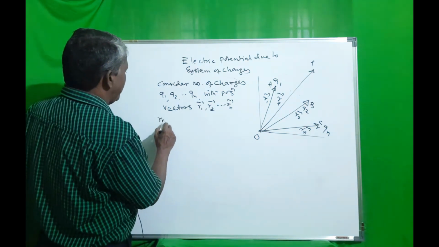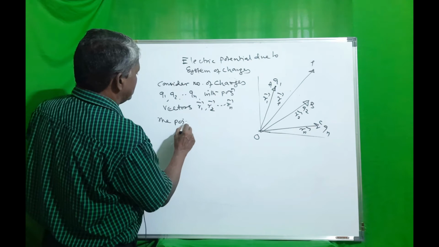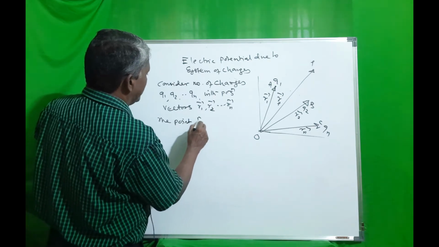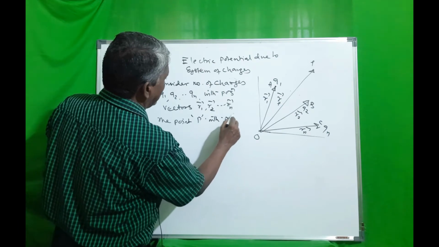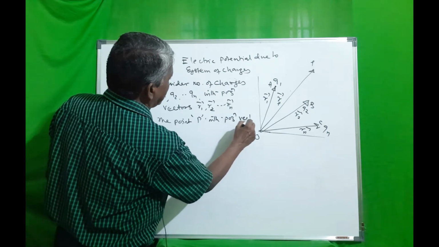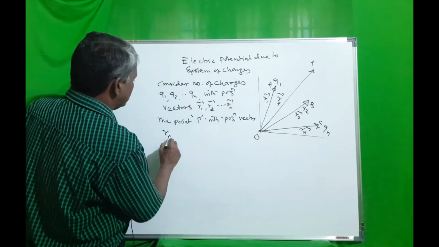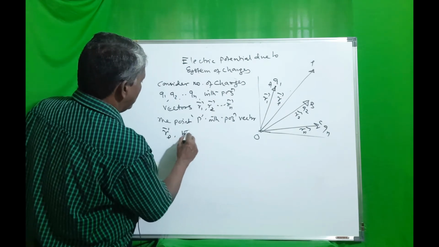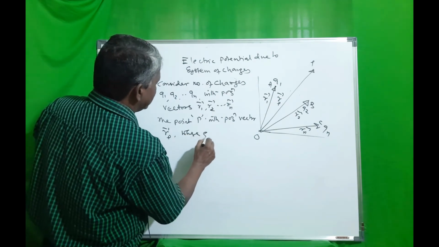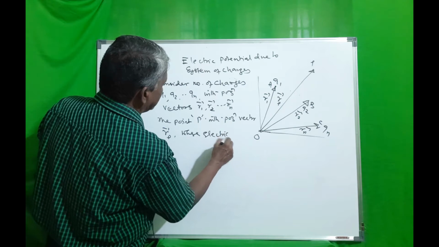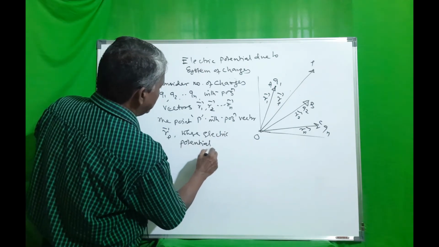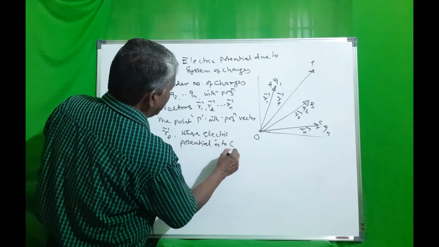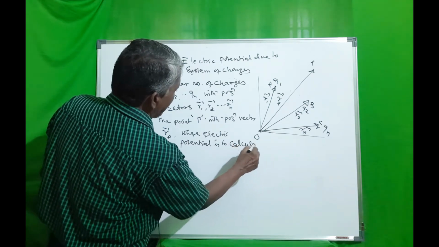The point P with position vector rp, where electric potential is to be evaluated.